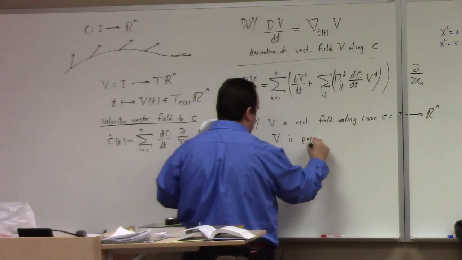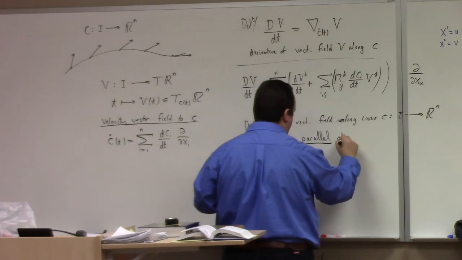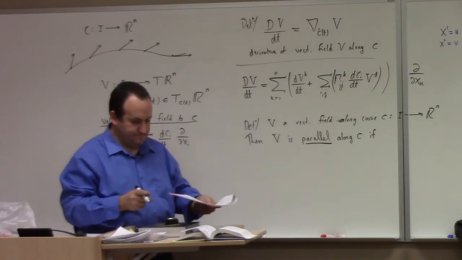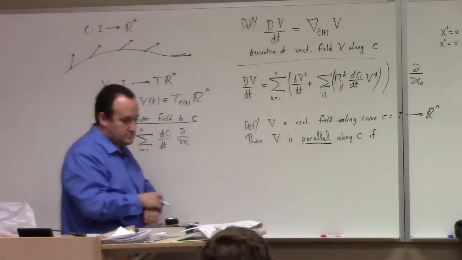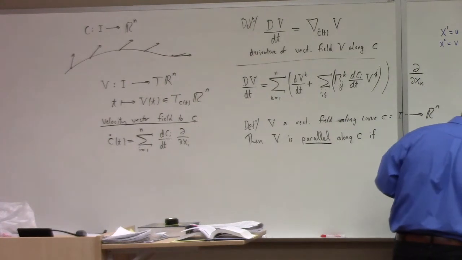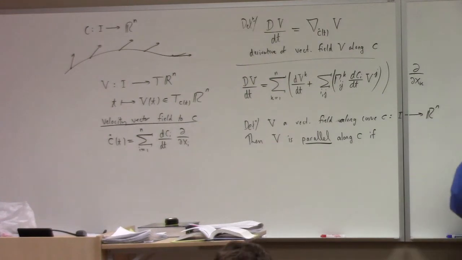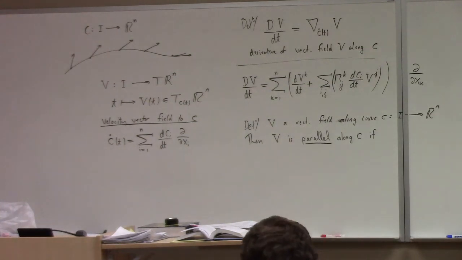What would it mean for V to be parallel? Is 0. That is exactly it.